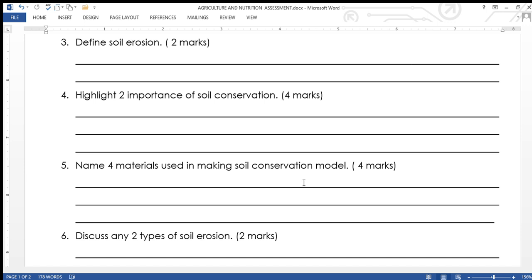And here you are required to name how many? 4. So each material that you name, you get 1 mark. If you mention 3 materials, you will get 3 marks. If you name 2, you get 2 marks. If you name 4, you get 4 marks.